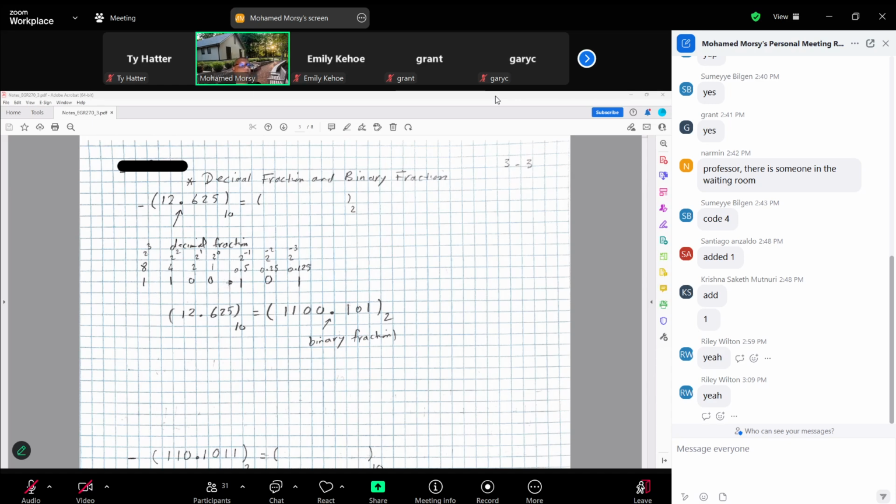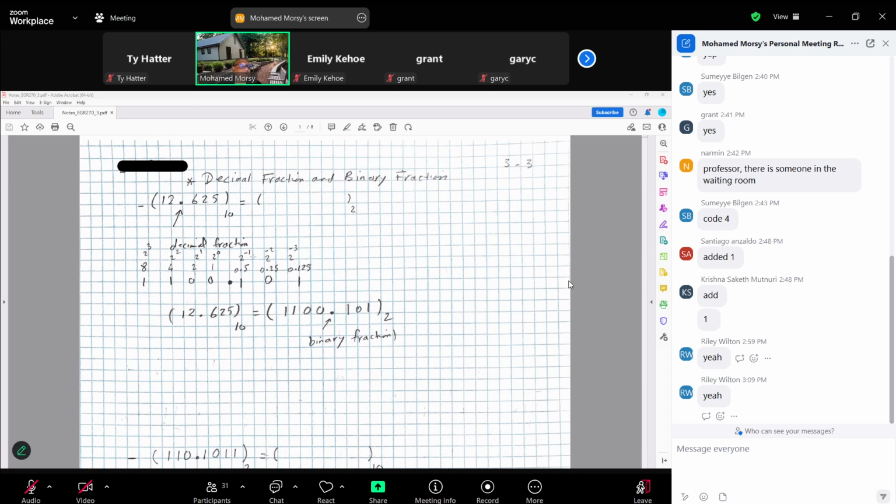So what about the weights on the right of the decimal point? On the right of the decimal point, the weights are 2 to the negative 1, 2 to the negative 2, 2 to the negative 3, and so on, 2 to the negative 4, 2 to the negative 5, and so on.